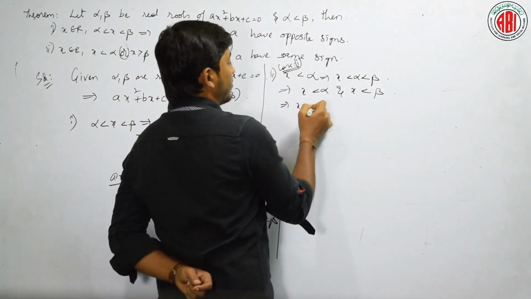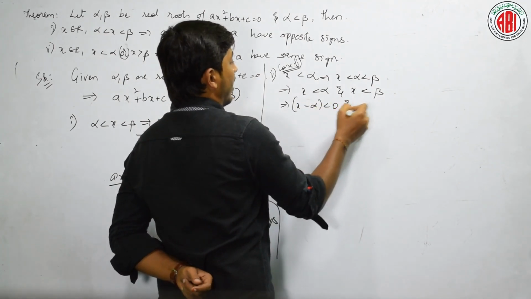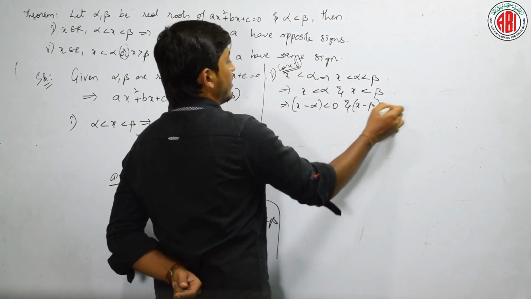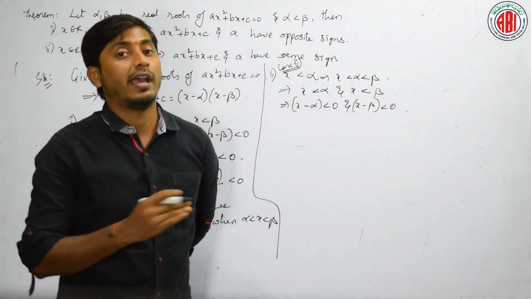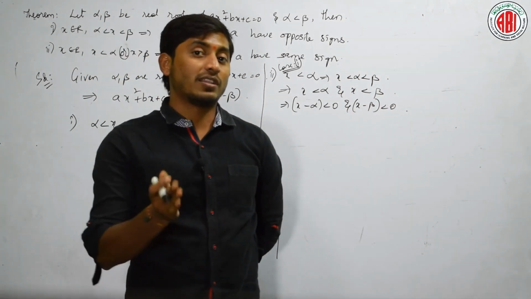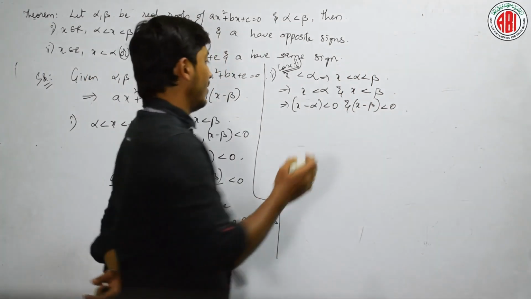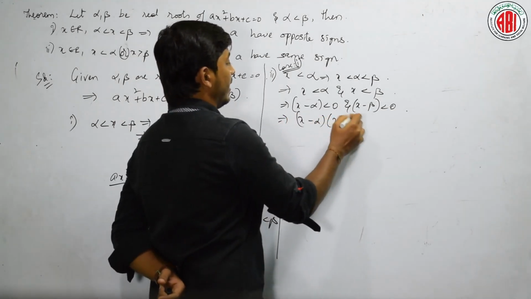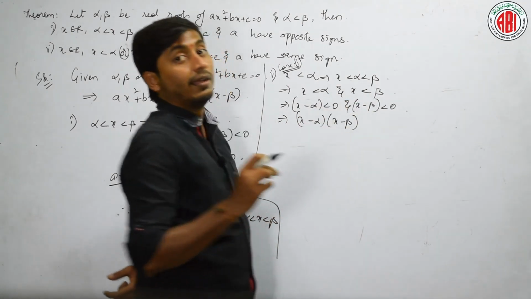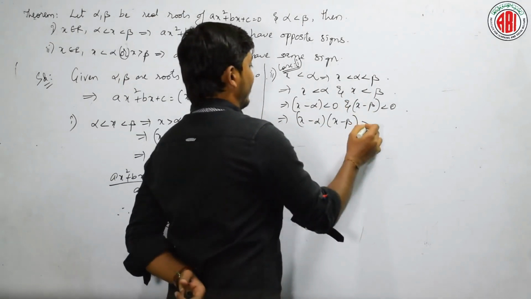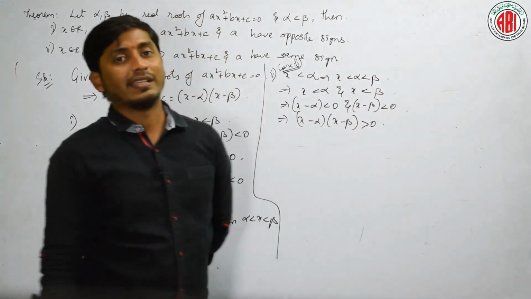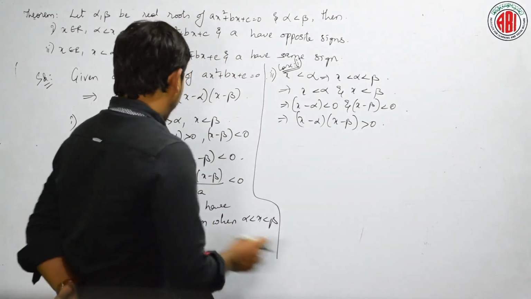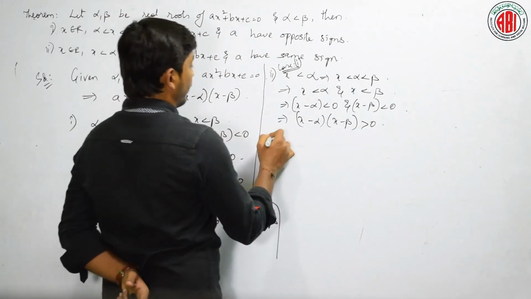So, x minus alpha is less than 0 and x minus beta is also less than 0. Both have the same sign, that is, both are negative. So, from this can I write x minus alpha into x minus beta, negative into negative, it will be positive? Is it right?